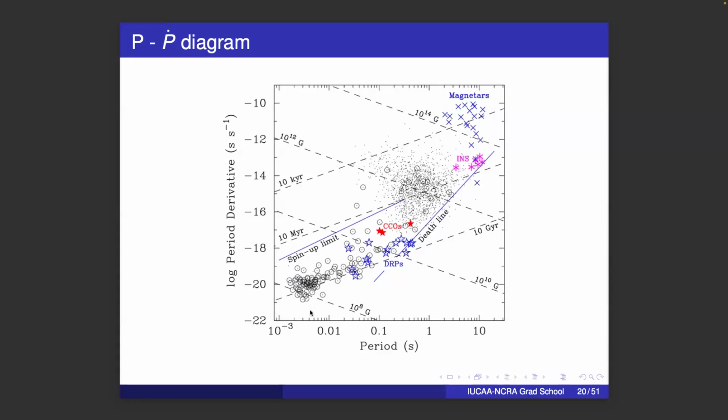Why is that? Pulses become weaker and weaker and they're not visible. That's correct. But why?